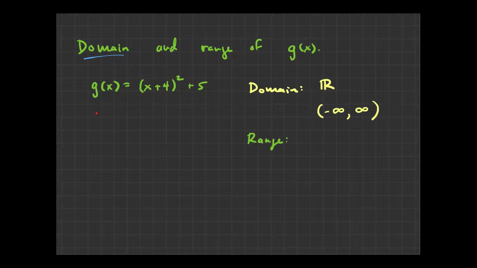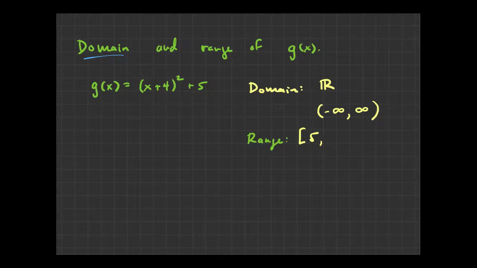When x equals -4, g of x is -4 plus 4, which is 0, so 0 squared plus 5, so I get 5. I actually do get 5; I touch it, it's not like I approach it.